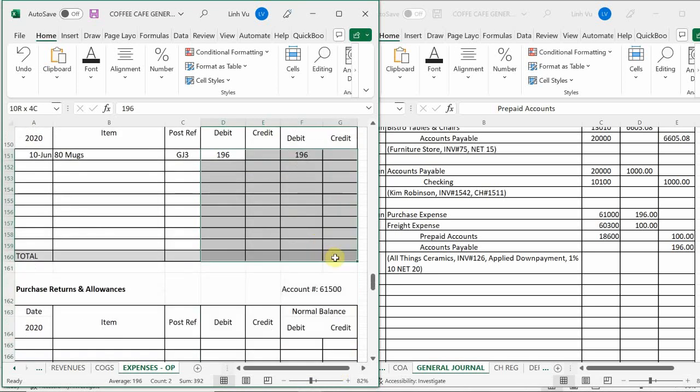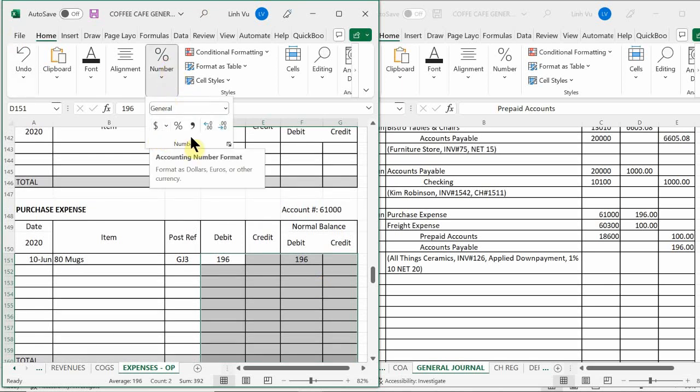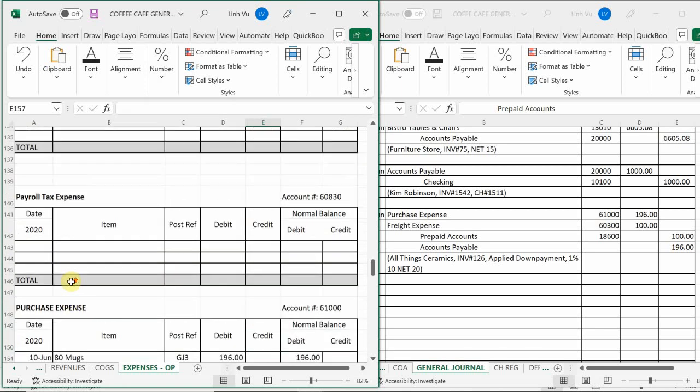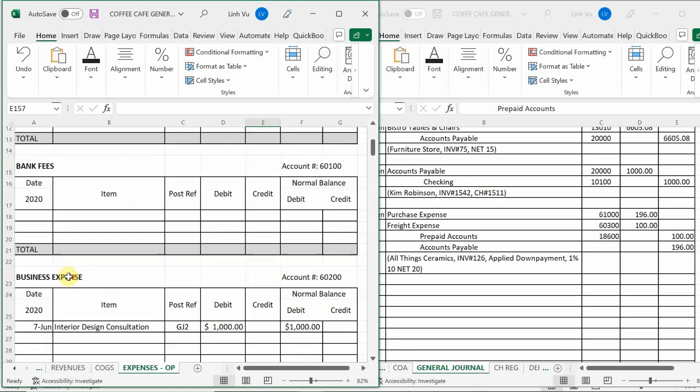Now, I will let you know here. Of course, you're going to be making multiple purchases of coffee mugs. That's why this table is really long, because we will be making lots of purchases of the coffee mugs. Okay. I need to update my freight expense.